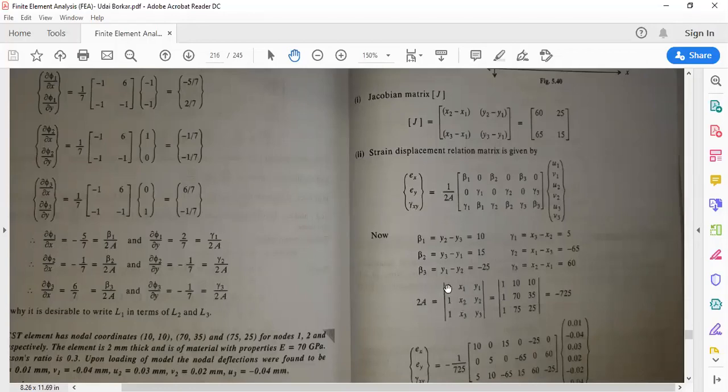You have to consider 1 bracket x2 minus y3 minus y2 minus x3 plus, no, this is minus now, minus x1, then 1 into y3 minus y2, minus y2 into 1, then plus y1 bracket, these two values you have to multiply, like that.